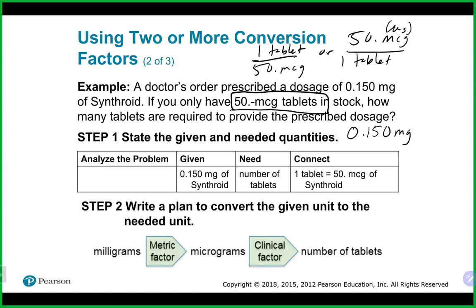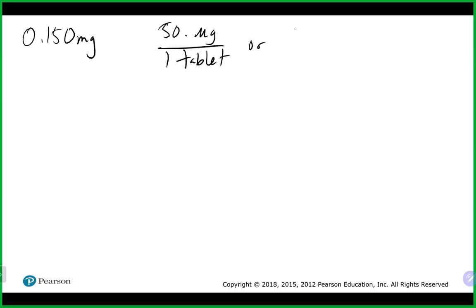So we have here 0.15 milligrams, and then we also have our 50 micrograms per tablet. A tablet is 50 micrograms. So why don't you give it a go, see what you got, but you do need to get this unit and this unit together.